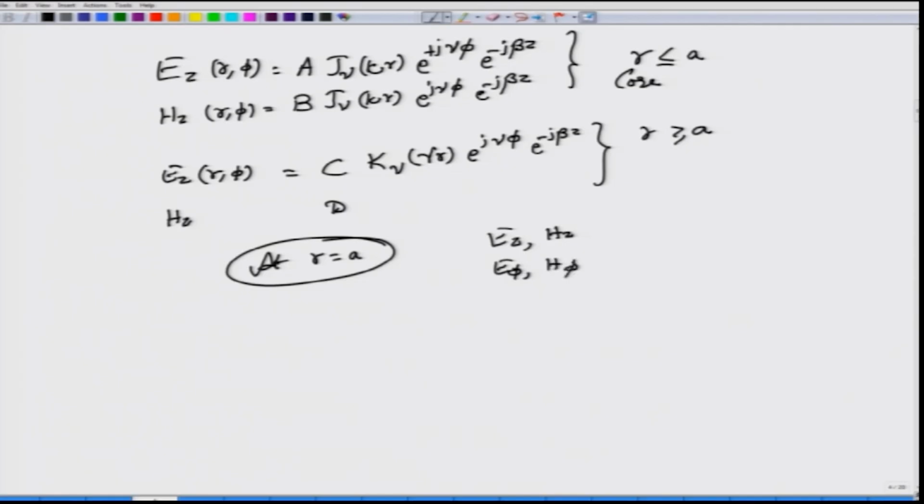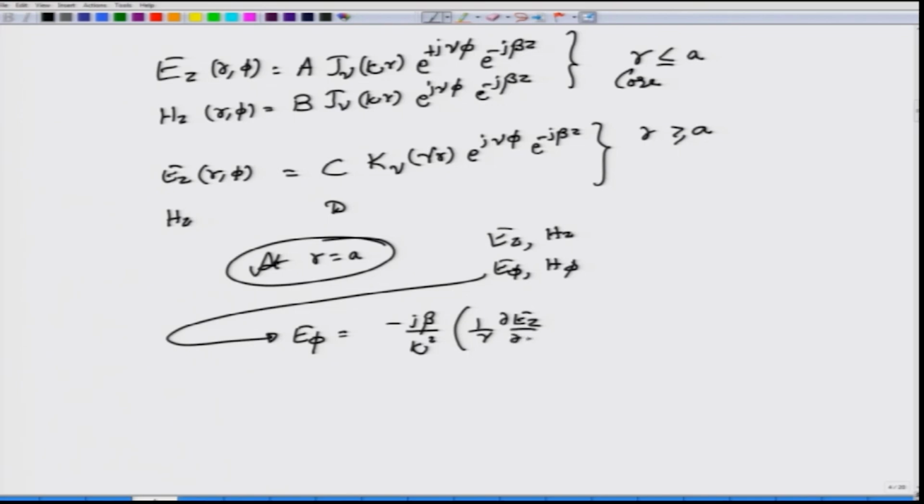To get these expressions for E phi and H phi, you should refer to step 2. For example, E phi is given by minus j beta by kappa squared times 1 by r del Ez by del phi, plus j omega mu divided by kappa squared times del Hz by del r.